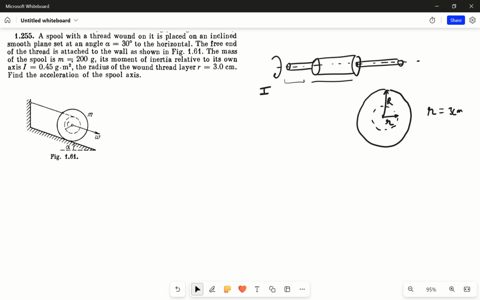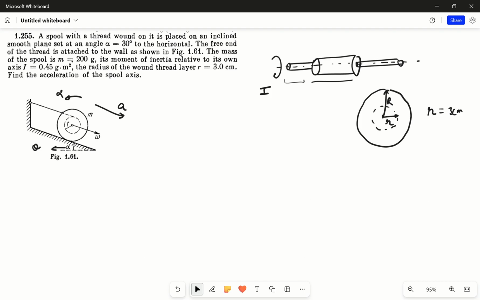And also I will be using theta instead of alpha to maintain clarity in my variable declaration, and I will be using alpha as angular acceleration and a as linear acceleration, right?